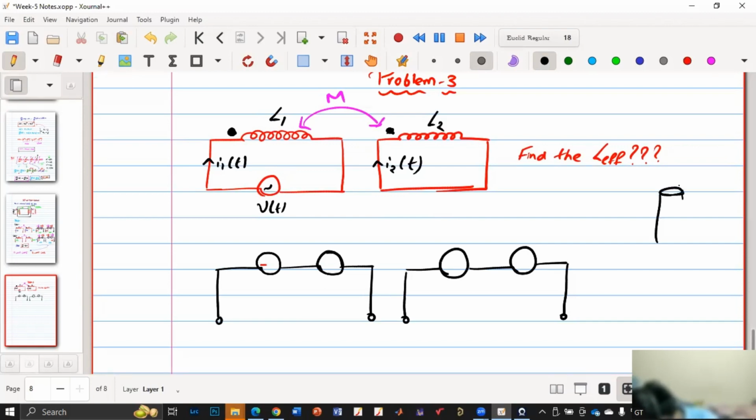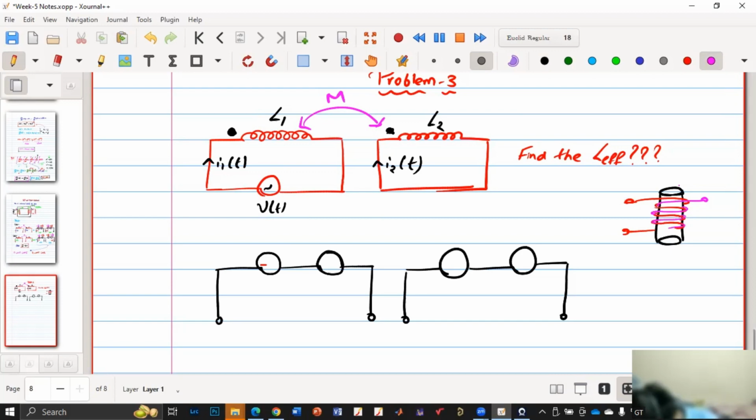Say some kind of core is there. An inductor is just a wire, right? So one wire might be wound in this way, and the other wire might be wound in this way.